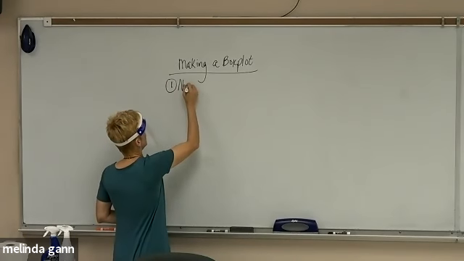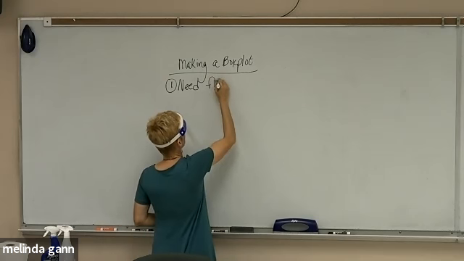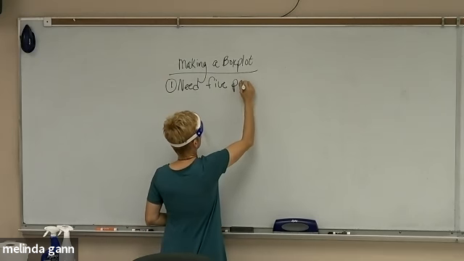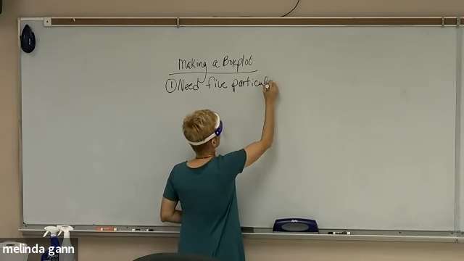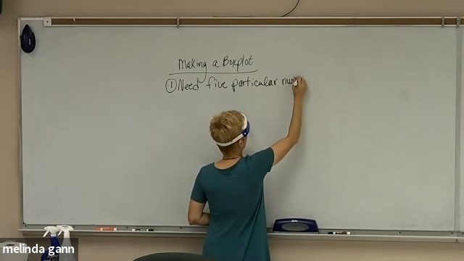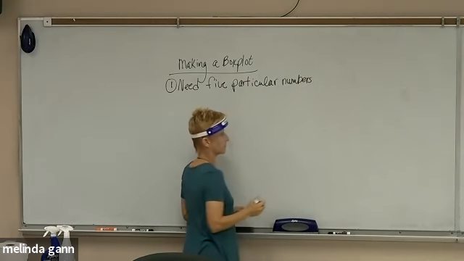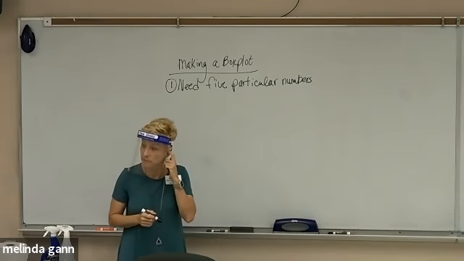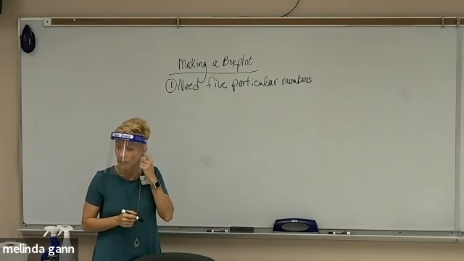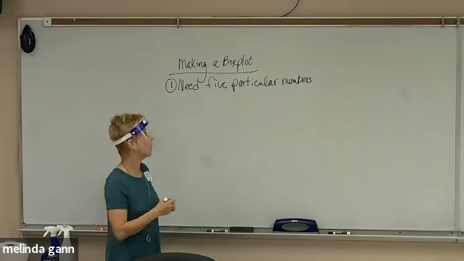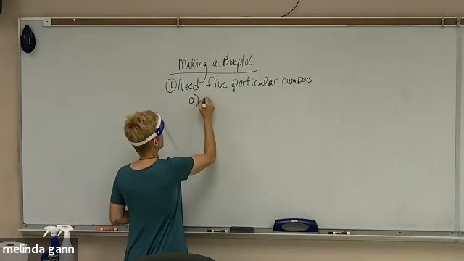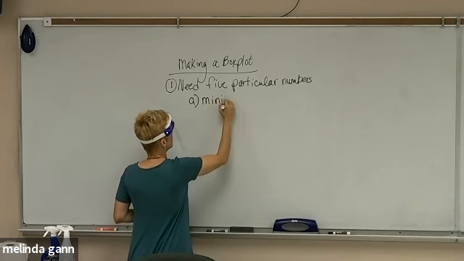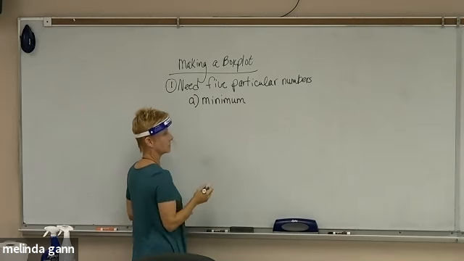You're going to need 5 numbers, but they're 5 particular numbers to make the box plot. Okay. And the 5 numbers that you're going to need are this. You're going to need the minimum, so the smallest.